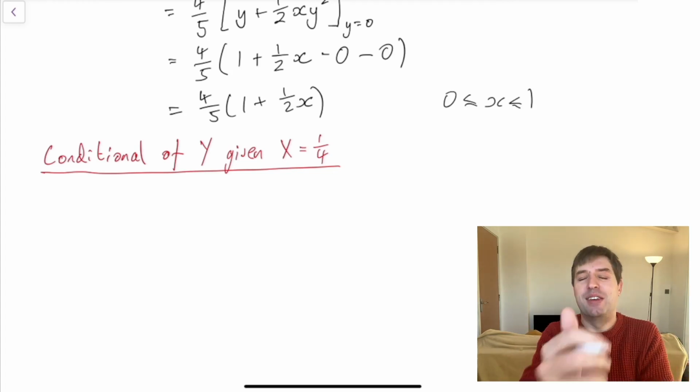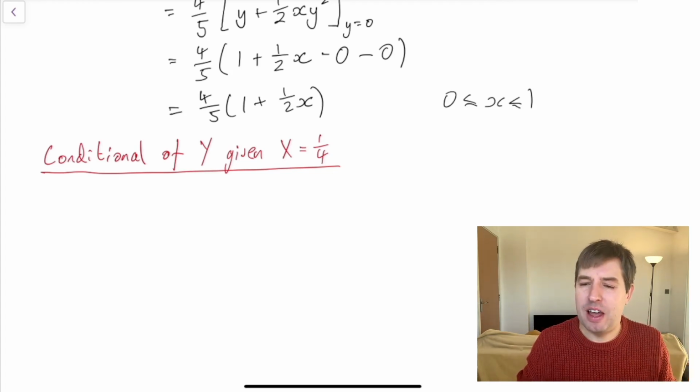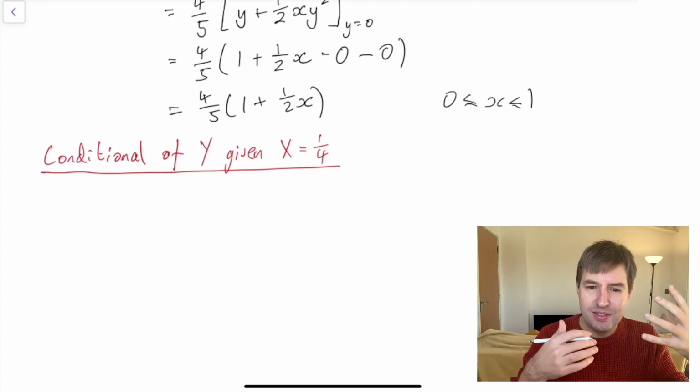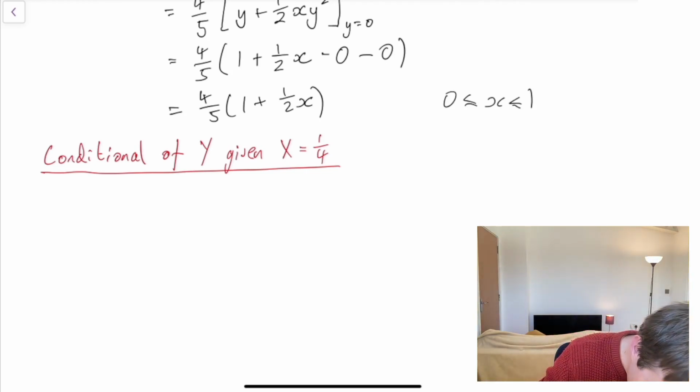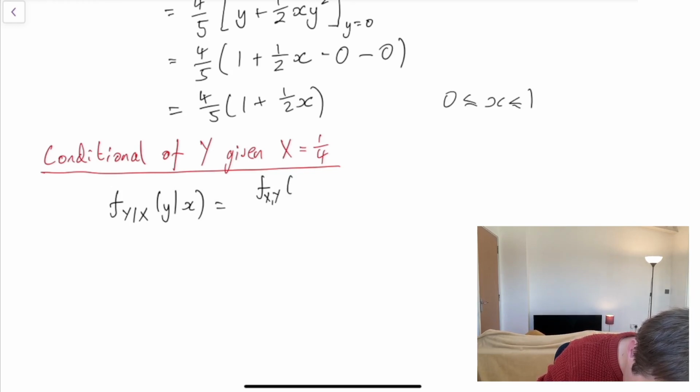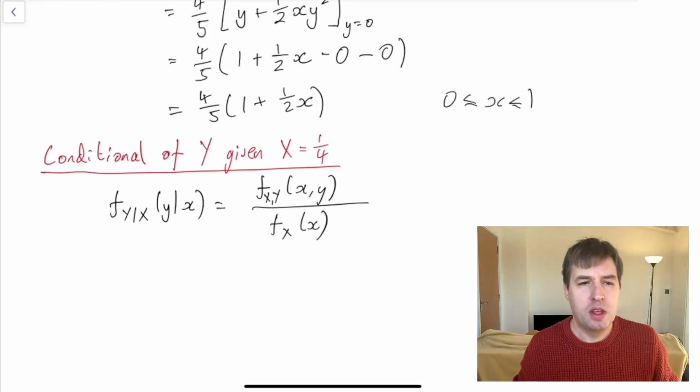Here you can't really interpret it that way. You just have to write down the fraction. So the general result here is that f y given x is f xy of x, y, the joint, divided by f x of x, the marginal.